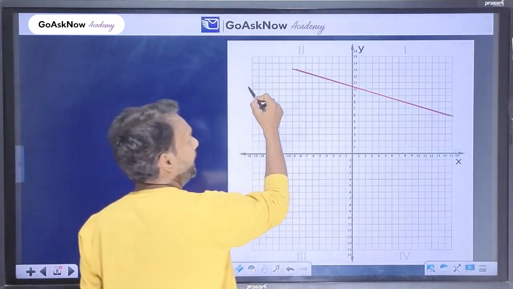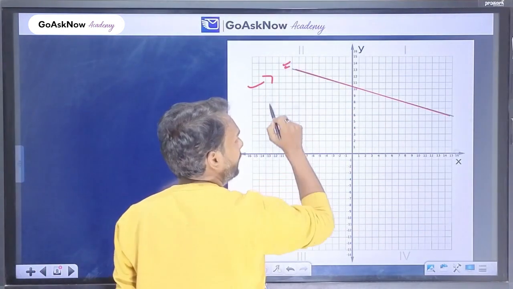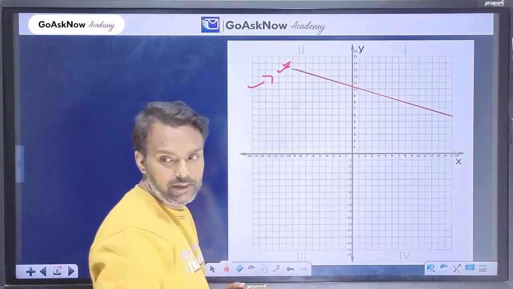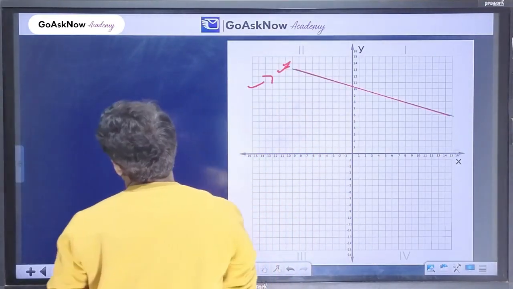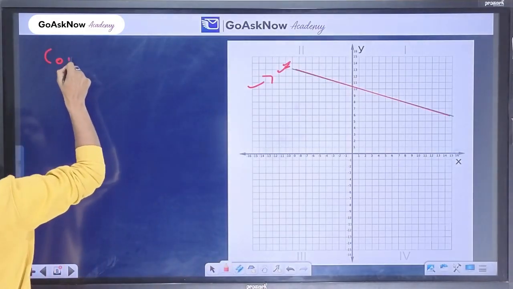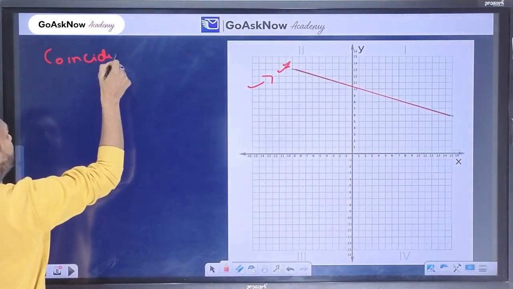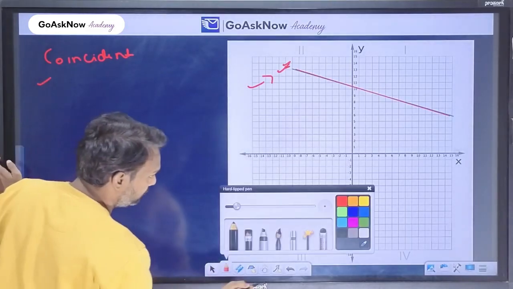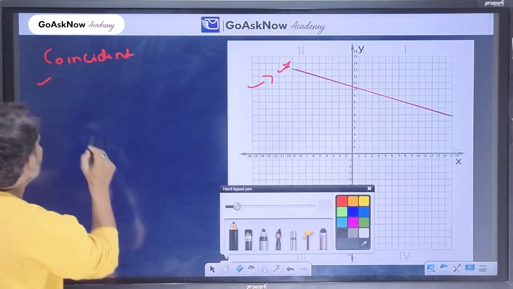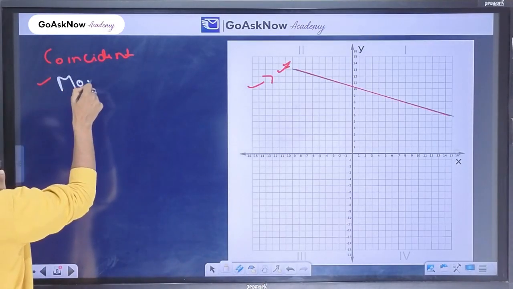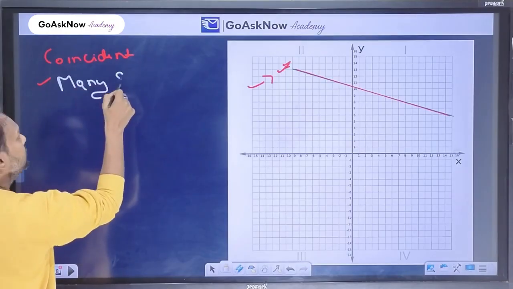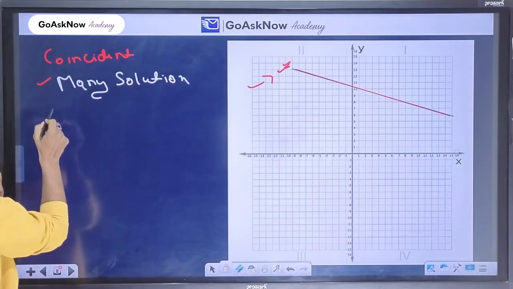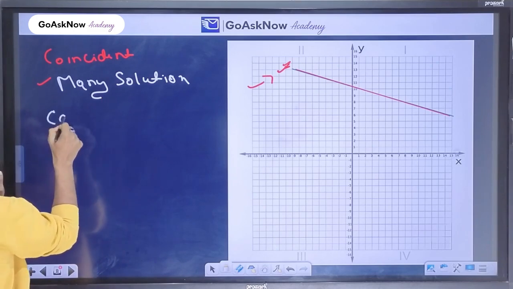Here are two lines, one blue and one red, and these both lines are coincident to each other. We can also say coincident, many solutions, and consistent.